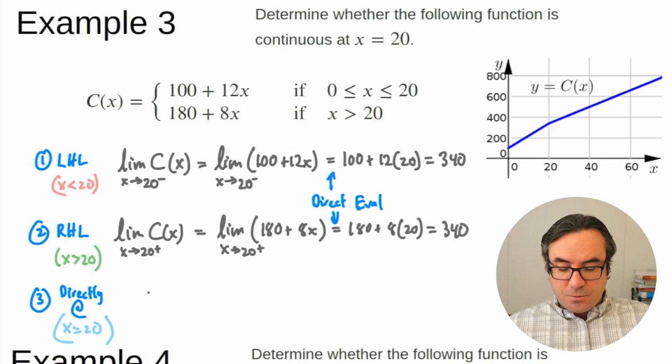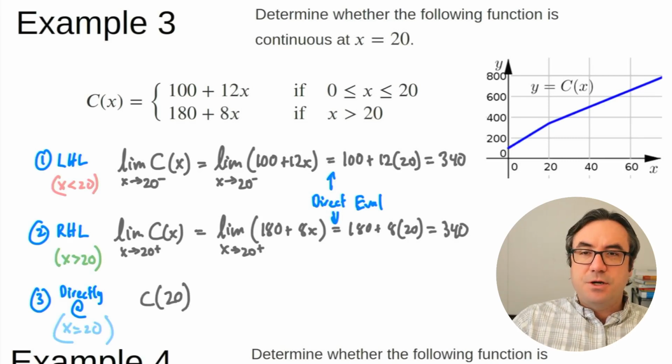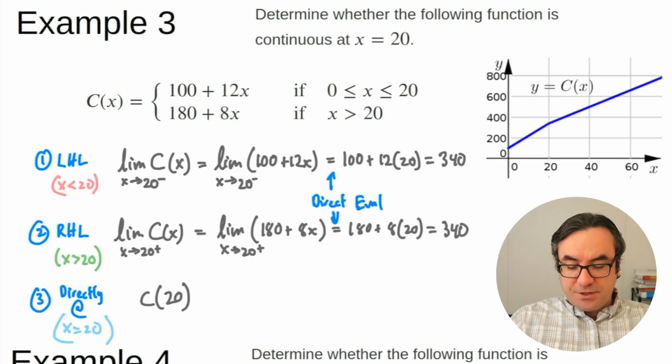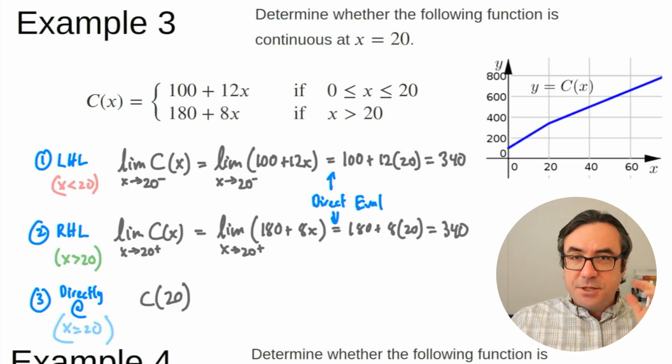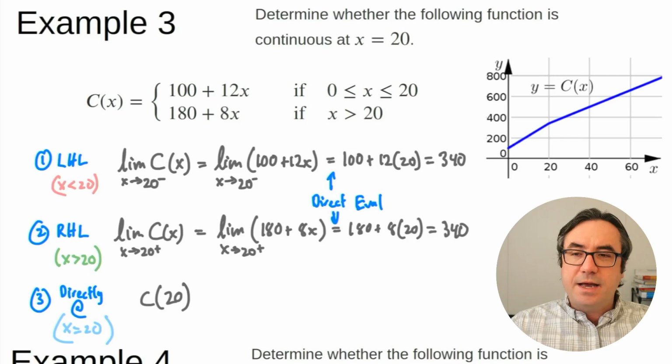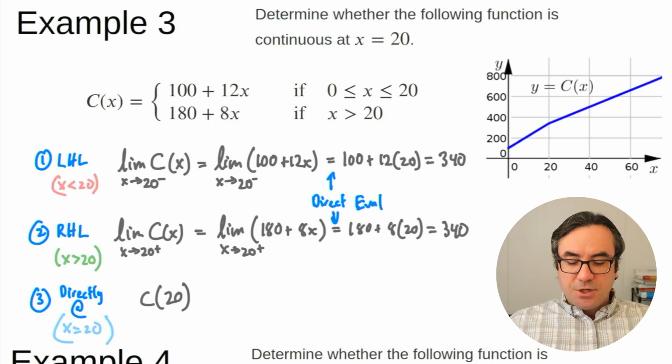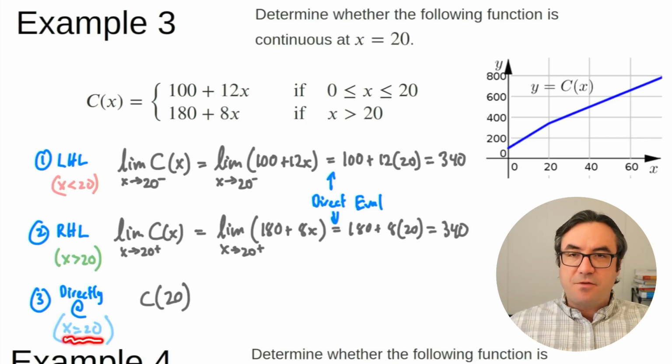For this, we're going to take our c function, and we're just going to plug 20 directly into it. We're not doing a limit for this one. We're just looking at what's going on right at x equals 20. Again, for a piecewise function, we have to decide which piece fits this description.